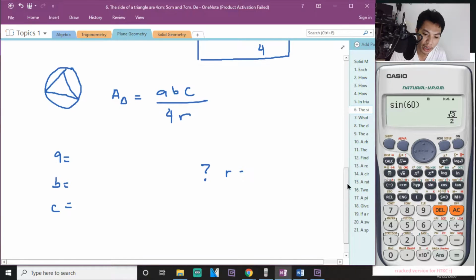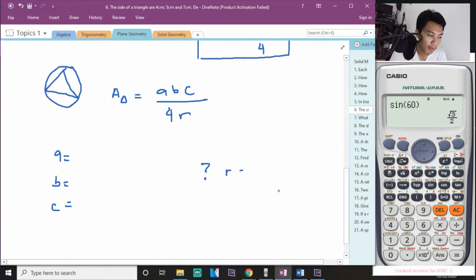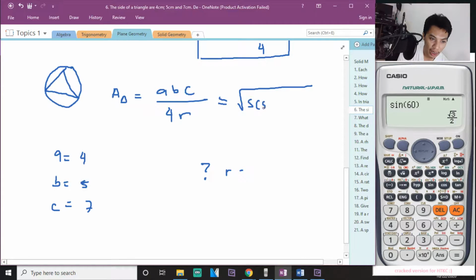Natin alam. So, A, B, C is 4, 5, and 7. Ako, sir, hindi ko alam yung area ng triangle. Yes, hindi mo alam yung area ng triangle. Kasi nga, masosolve mo siya using Heron's formula. So, the area of the triangle is equal to square root of S(S minus A)(S minus B)(S minus C).